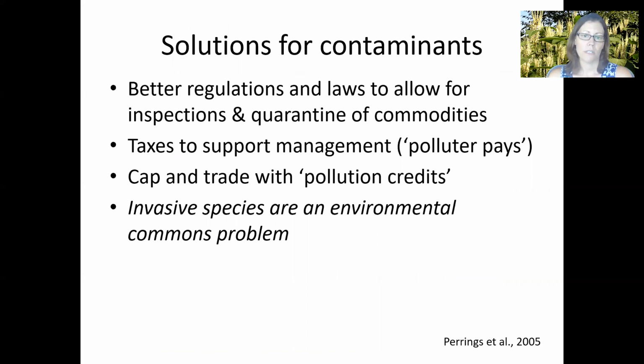So different solutions for contaminants are to increase the regulation and laws, basically allowing for inspection and quarantine of different commodities that are coming in, these commodities that we know are direct pathways, like the ornamental plant trade. Another way is to tax the pathways, tax the ones who are most responsible for bringing in these invasive species.